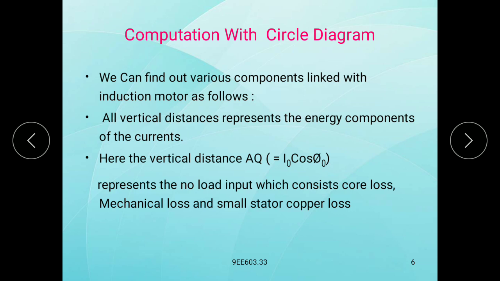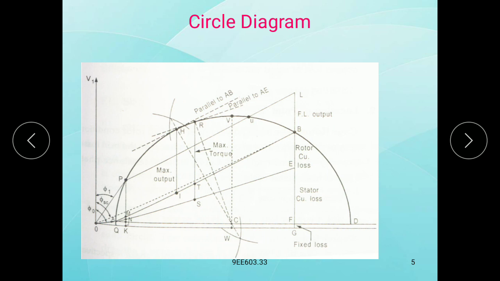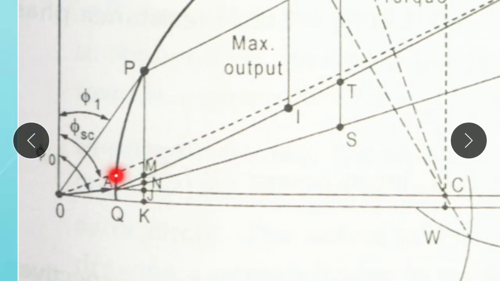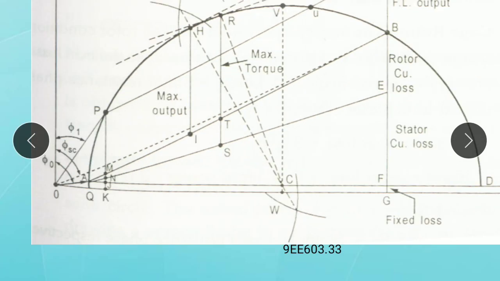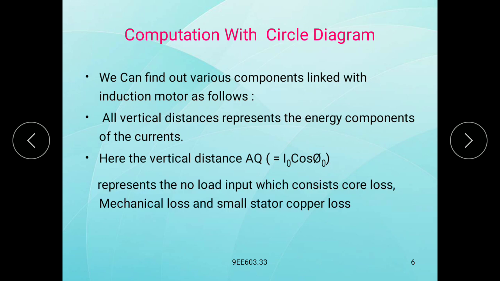So here AQ represents the no load input, which consists of core losses, mechanical losses, and small stator copper losses.